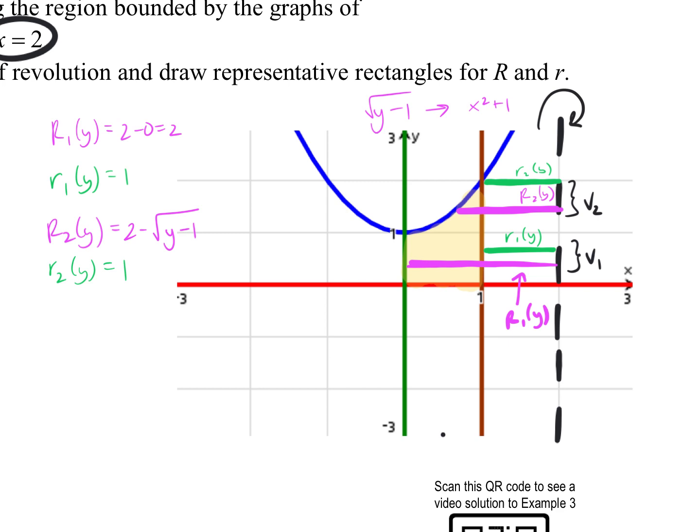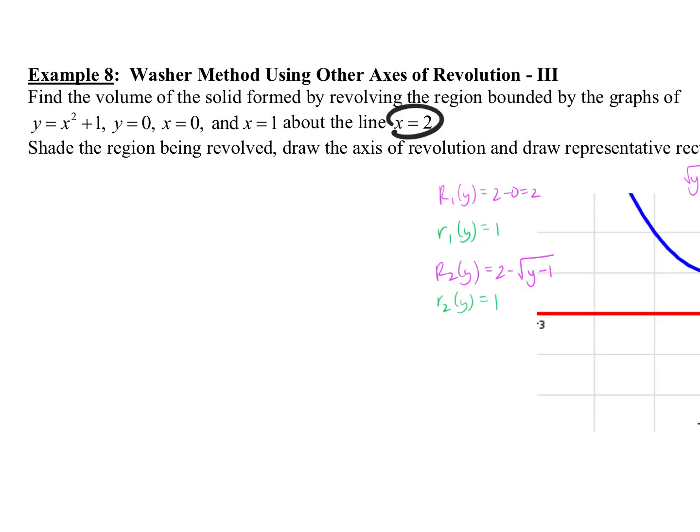Okay, so with those 4 pieces of information, and knowing that we're integrating with respect to y, go ahead and take a minute and write out what your volume formula would be that you could integrate in order to find the volume of this shape wrapped around that line x equals 2. Okay, so volume 1 should be pi times the integral from 0 to 1 of 2 squared minus 1 squared dy.